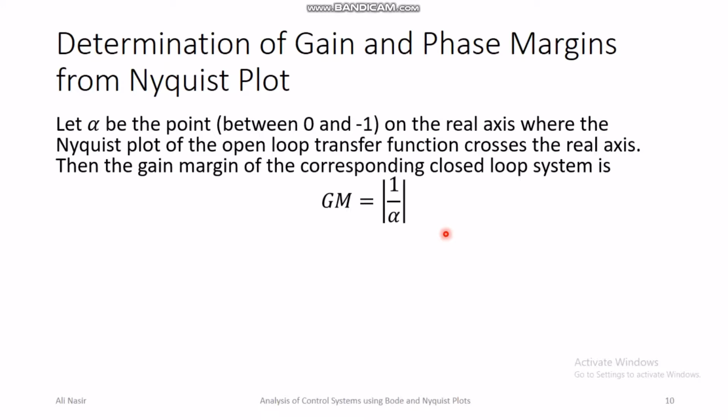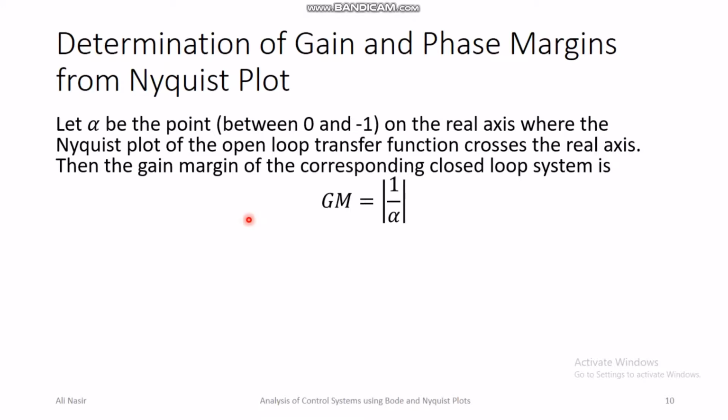If the crossing is at -0.5, then the gain margin will be 1 over 0.5, which will be 2. Similarly, you keep going. If the crossing is at 0, then the gain margin will be 1 over 0, which is infinite. And if the crossing is at -1, then the gain margin will be 1 over 1, which is 1.